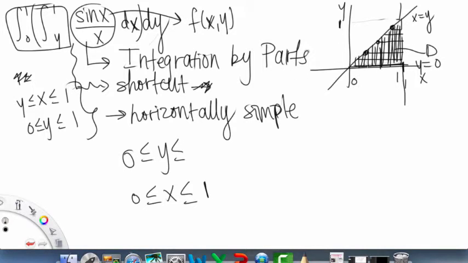And its upper bound is when it hits the line, and this line is y equals x. So y equals x is the upper bound for this domain. Now we have these new bounds, so this is taking it to be vertically simple.